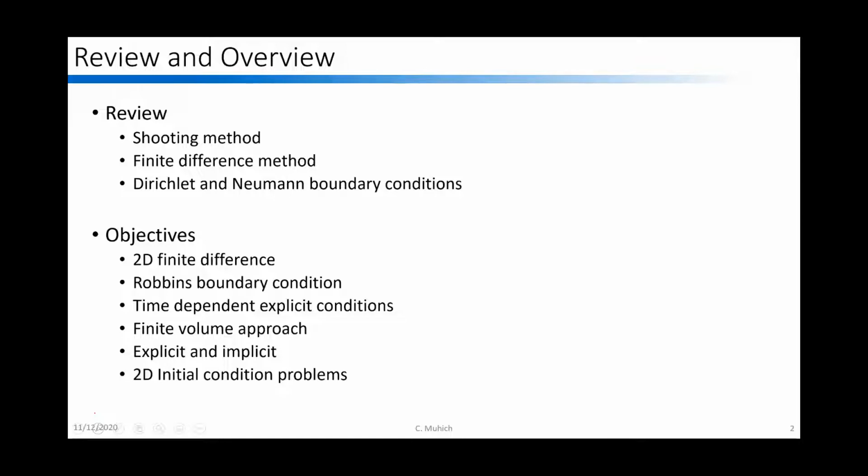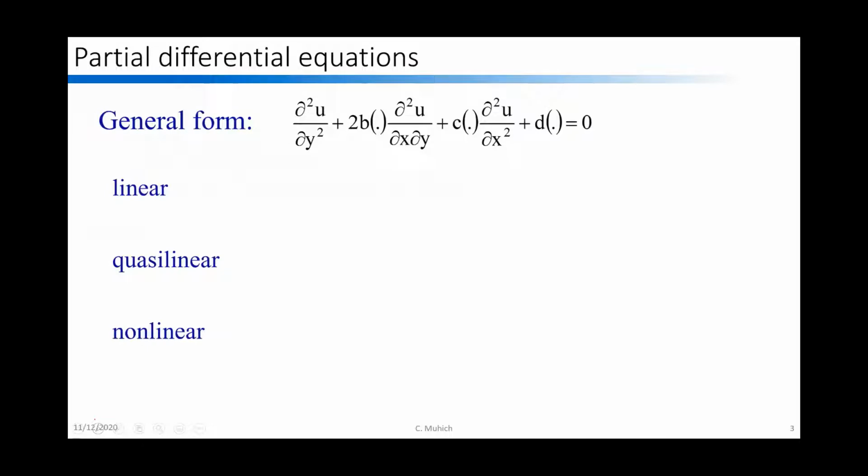After we've done that, we'll go through an example of implementing partial differential equations, and then we'll talk about time-dependent explicit implementation of partial differential equations. And then next time we'll go a little bit deeper into some other topics. But let's start our discussion today by talking about what a partial differential equation is.